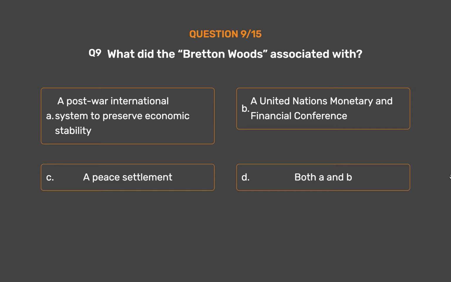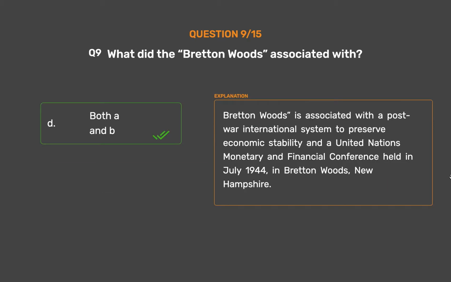Option D. Both A and B. The correct answer is Option D. Both A and B. Bretton Woods is associated with a post-war international system to preserve economic stability and a United Nations monetary and financial conference held in July 1944 in Bretton Woods, New Hampshire.